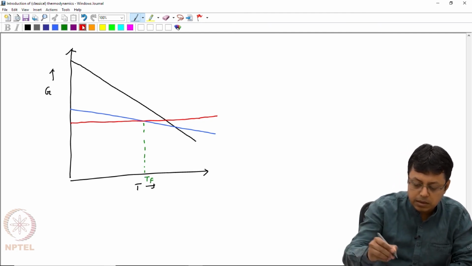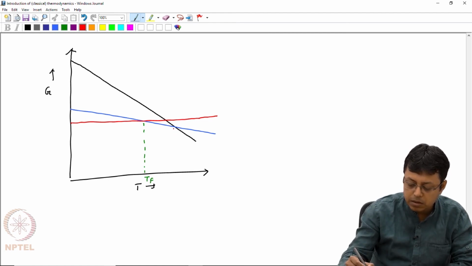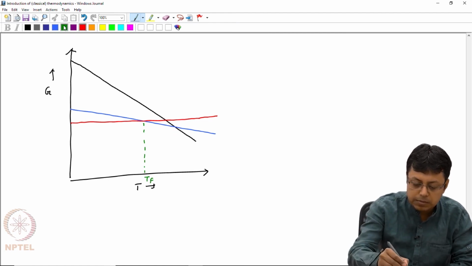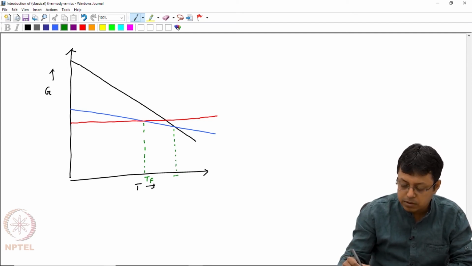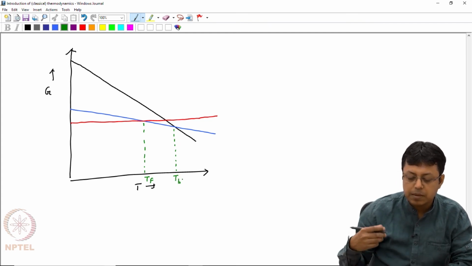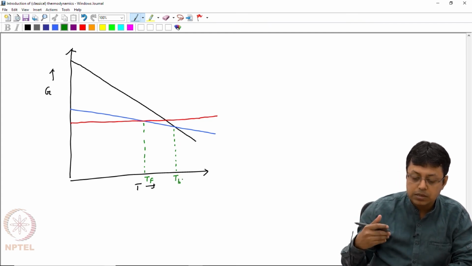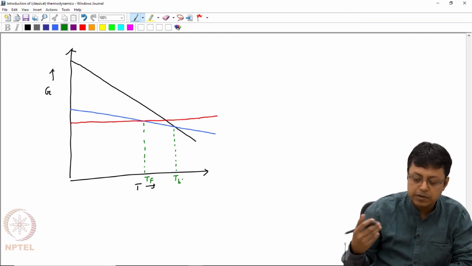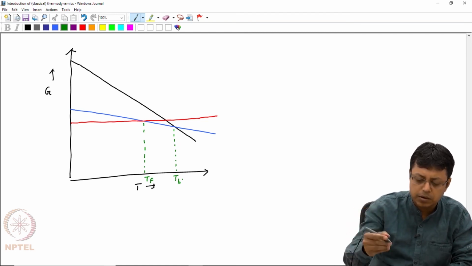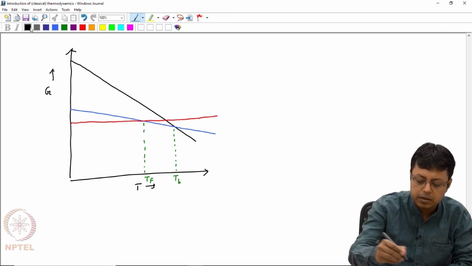And similarly, the boiling point is basically the intersection of the liquid, which is the blue curve, and the black curve, which is the vapor curve. So that is the boiling point. Now suppose I am applying pressure, and I want to understand how these curves are changing, particularly the freezing point. We'll just talk about the freezing point for the time being.